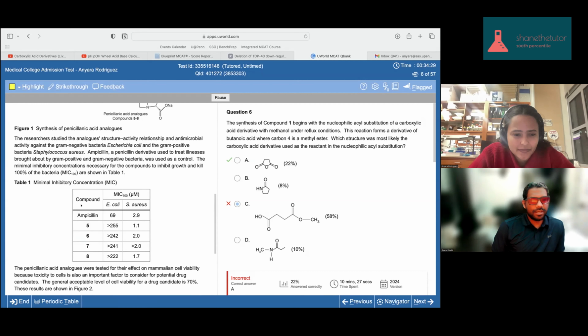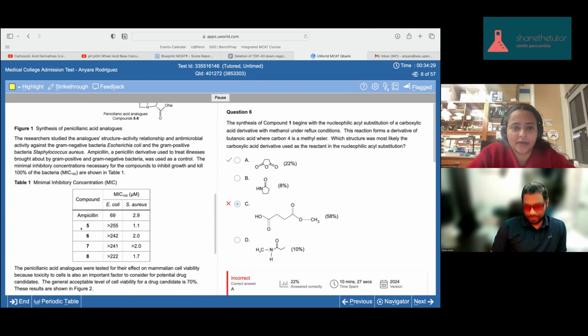Is ampicillin a negative control or a positive control? It's an antibiotic, and these are supposed to be antibiotics as well, right? Just the ampicillin. It's a positive control. Why?